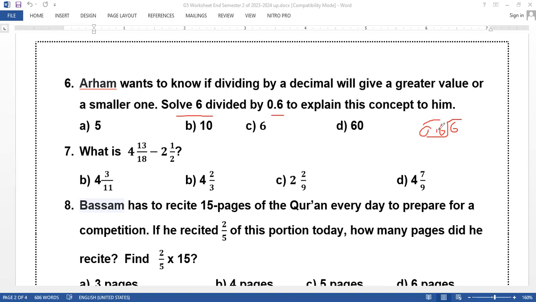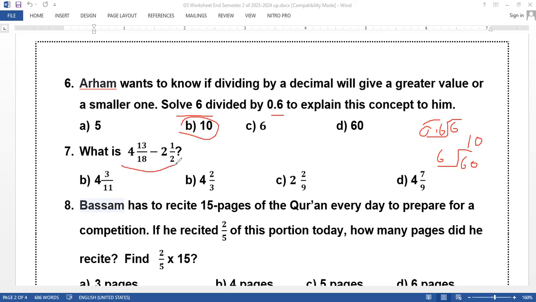If we multiply 0.6 by 10, it becomes 6. But we need to multiply the dividend by the same number, by 10, and it becomes 60. So 60 divided by 6 equals 10. So when you divide by a decimal number, the number will be bigger. So the answer is 10.